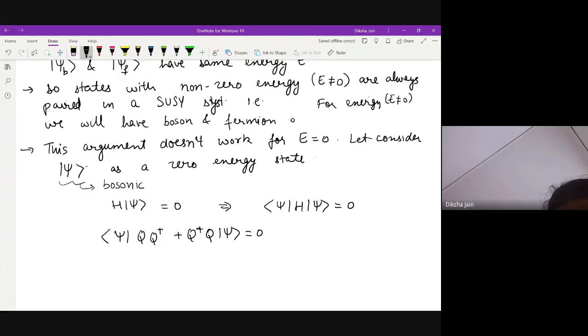So this term is the norm squared of Q dagger psi plus the norm squared of Q psi. This should be clear, no? Because the first thing is the expectation value of this, and if I take the mod square it gives me Q times a ket.